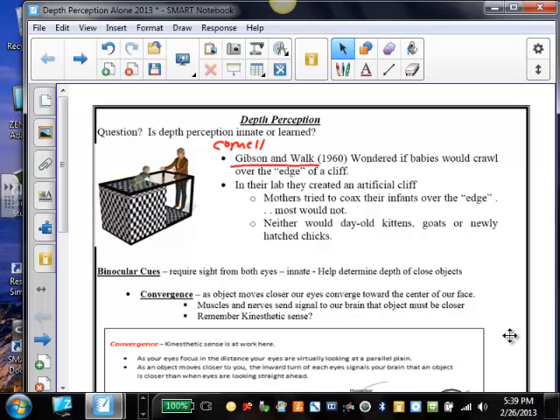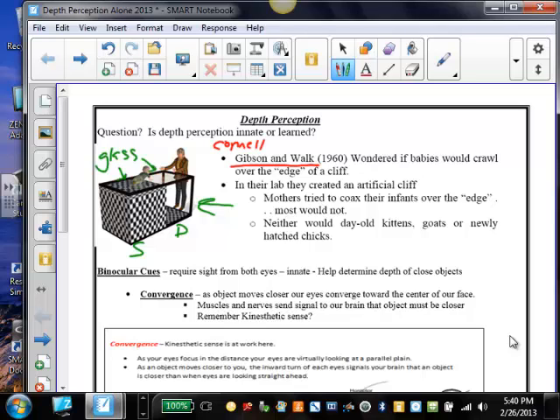And we know that infants, by the time they crawl, have a wealth of worldly experience, but they also used newborn animals in this experiment. So in their lab, they created an artificial cliff, something like this here, where we had a shallow end and a deep end, and we had some glass on the surface of both sides.